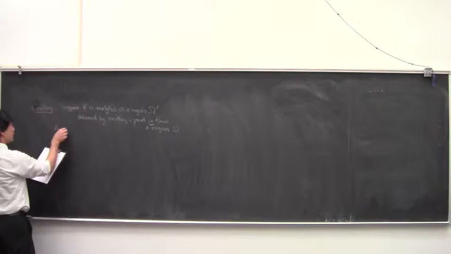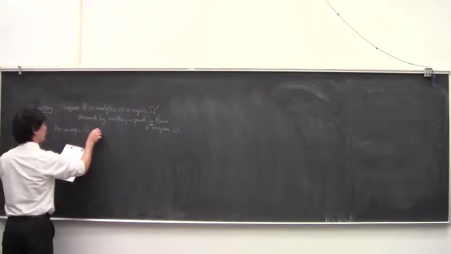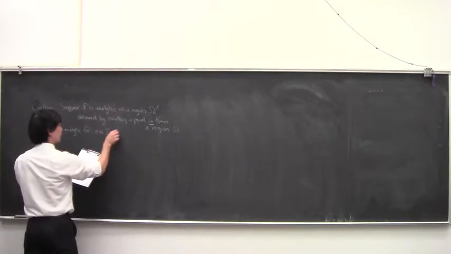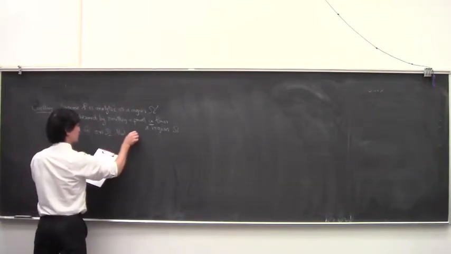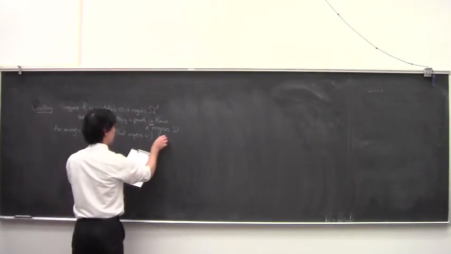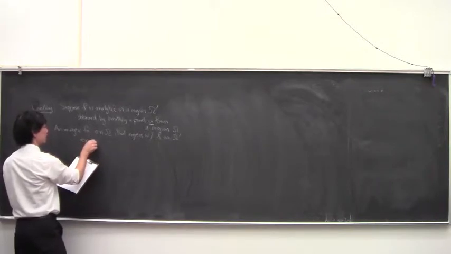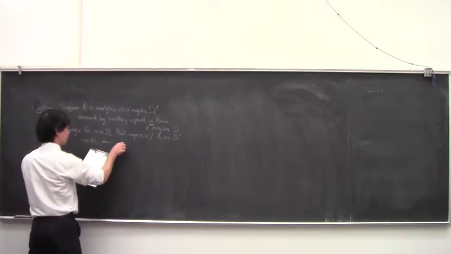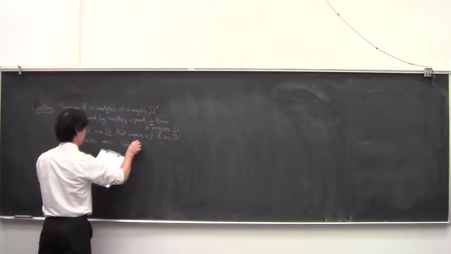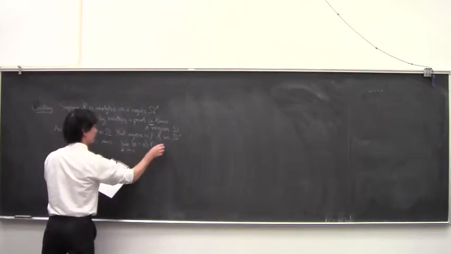An analytic function on omega that agrees with f on omega prime exists if and only if the limit as z goes to a of (z minus a) f(z) equals 0.